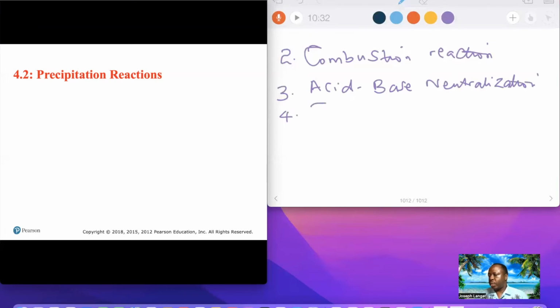Four, there is a single replacement reaction. We're going to come back to this single replacement reaction.